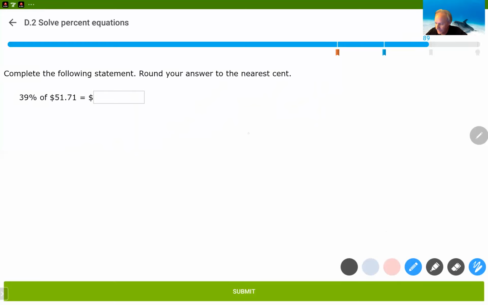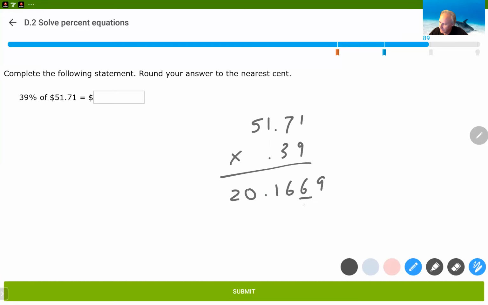%, so we're just going to multiply the 51.71 times the 39%, using the calculator. 51.71 times 0.39 is 20.1669. Now it says round to the nearest cent. So I get 20.1669, which of course rounds up.